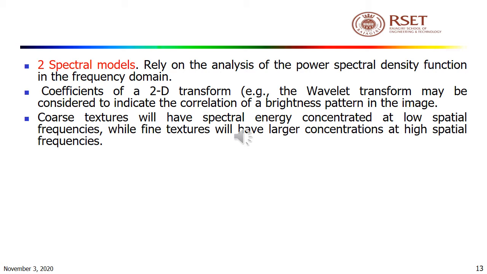There are different transforms already developed. The first one is called the wavelet transform, and it is considered to indicate the correlation of brightness patterns in an image. There are different types of textures. Coarse textures have the spectral energy concentrated at low spatial frequency, and fine textures have larger concentrations at high spatial frequency.